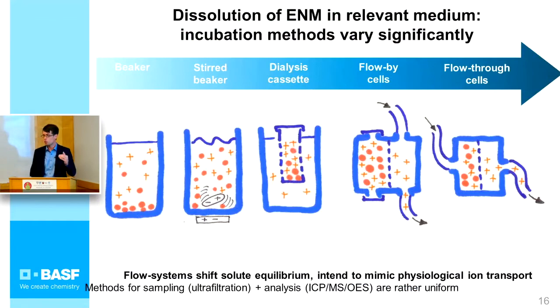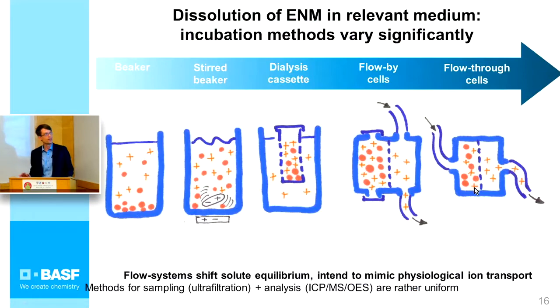That's one move towards a non-equilibrium situation. You can go further and use flow-by cells, where you hold the material here, ions diffuse again through a membrane and are then transported away. Or the most effective non-equilibrium testing, you flow through your system through a membrane that holds the particles, transmits the ions.